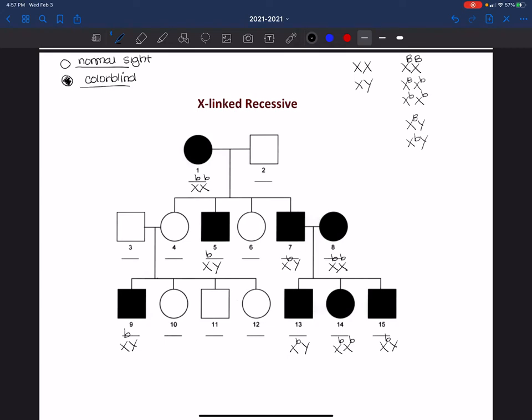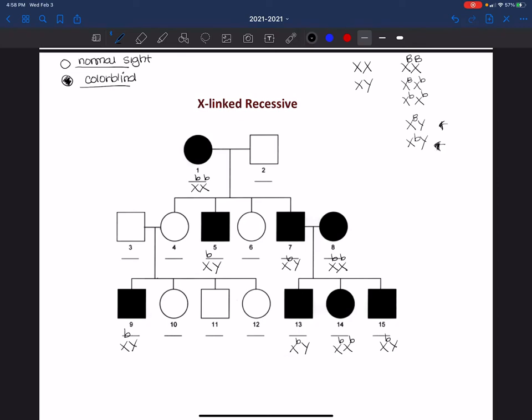Okay, so just like before, the next thing you can do, since there's only one other possibility for the males, which is to be normal, we've done all the males that have the recessive trait, so now we can do the ones that are normal.